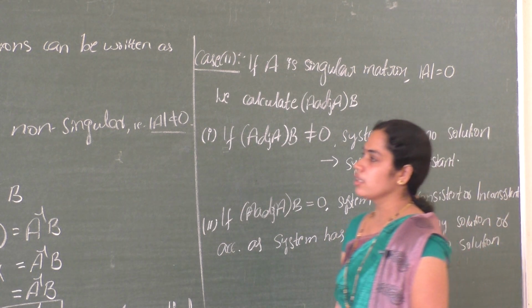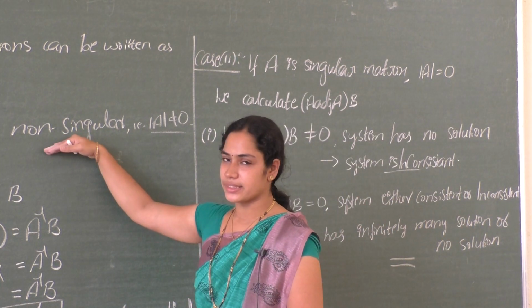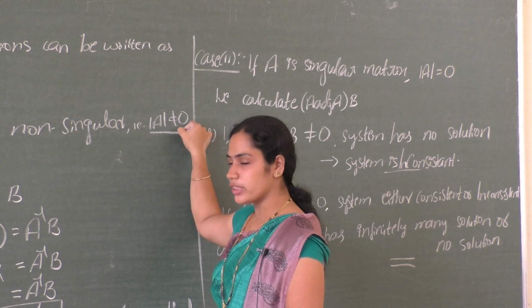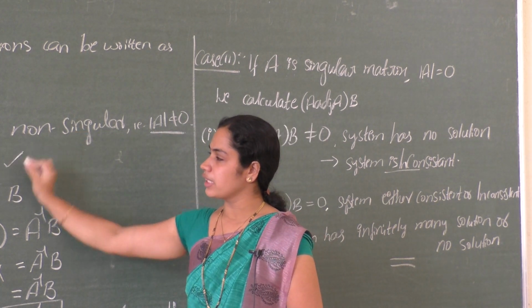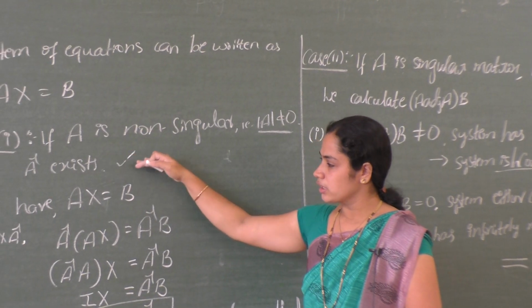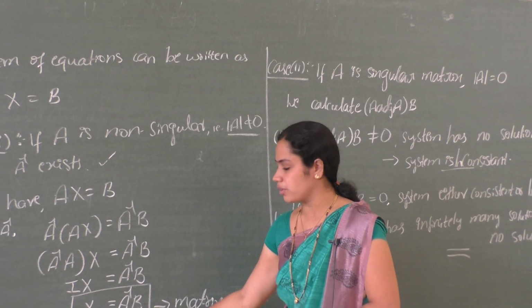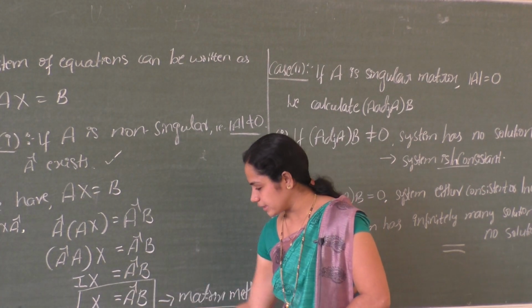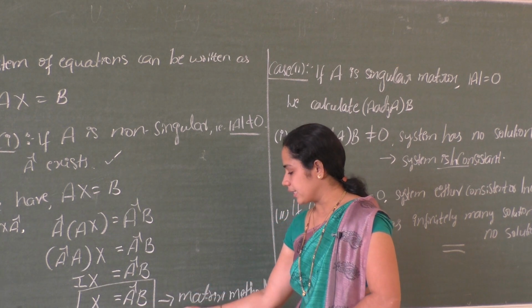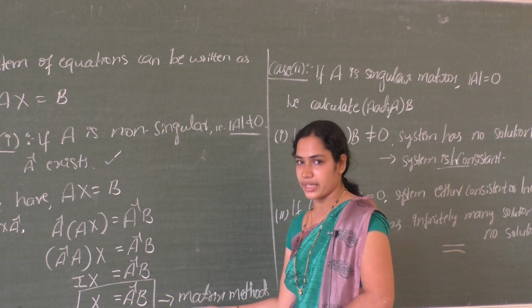Okay, here first case, if A is non-singular, determinant is not 0, directly we need to take A inverse. A inverse exists here, so X equal to A inverse into B. Using this formula, we can find the solution. That means this method is known as matrix method.